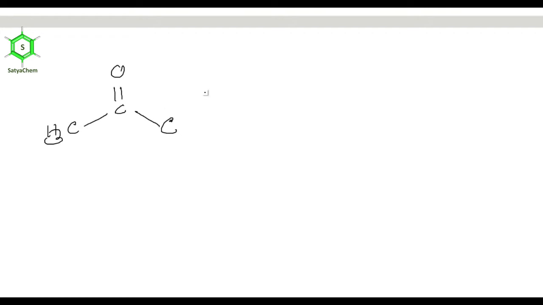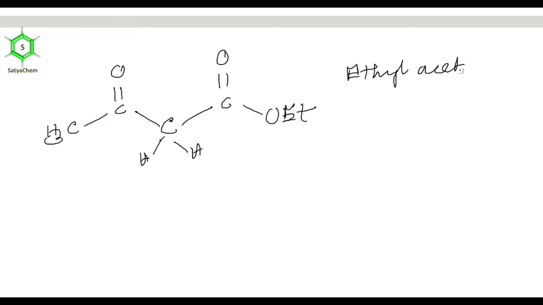This is the alpha carbon, and I am introducing an ester group on this carbon. Clear? Here the enol content is small, and the name of this compound is ethyl acetoacetate, abbreviated EAA.